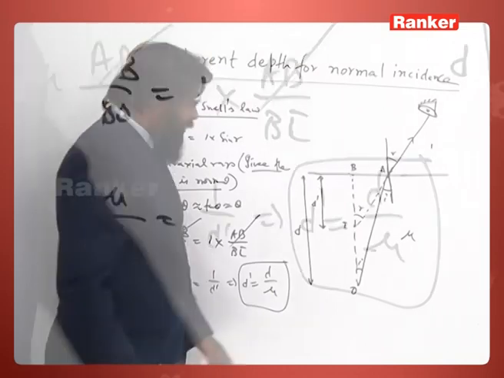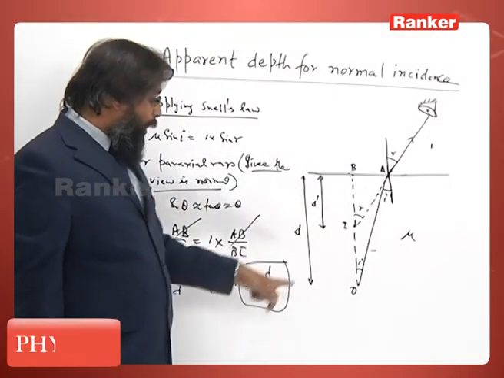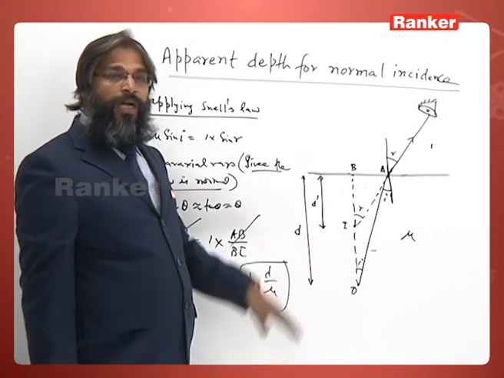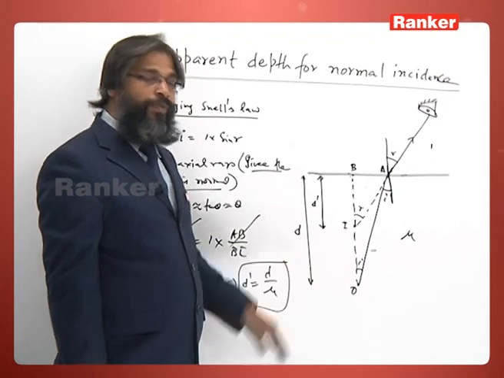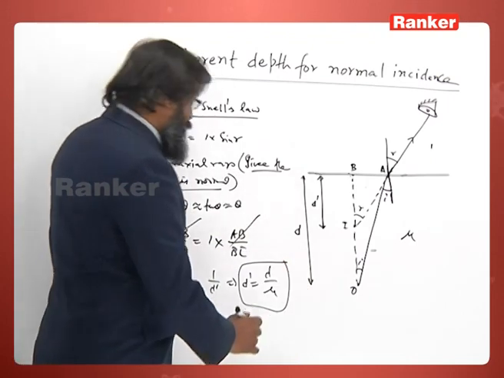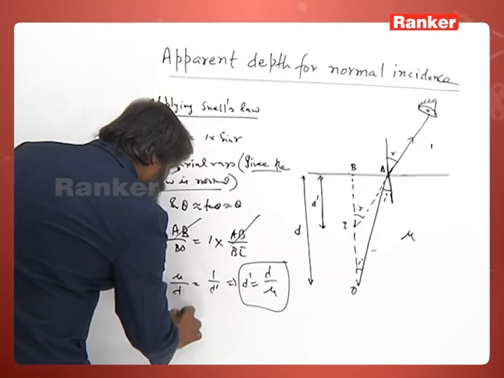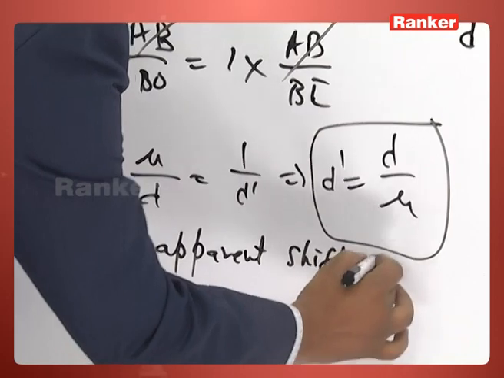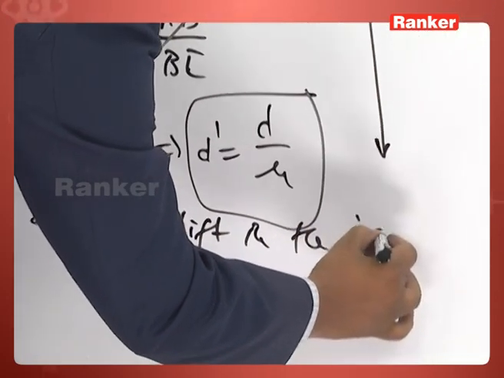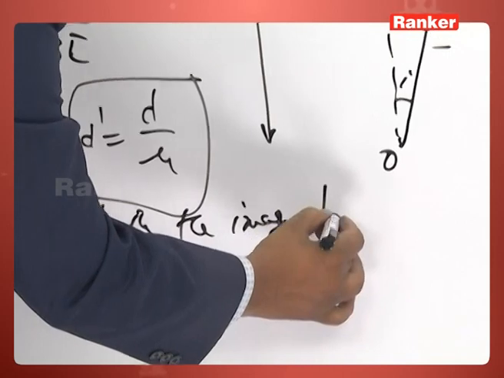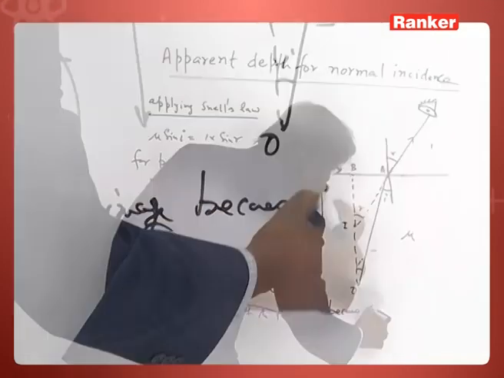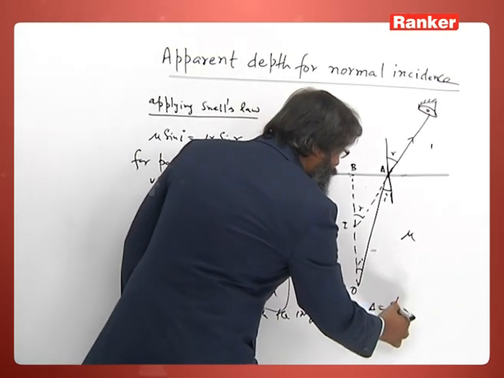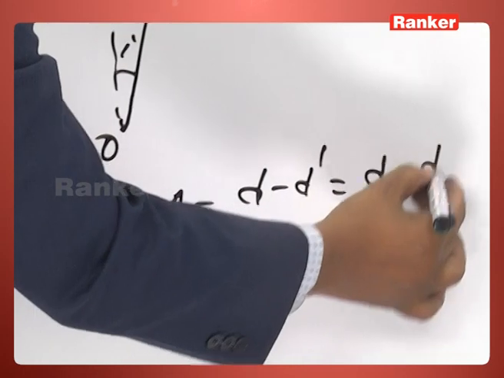So, the image will be formed at D by mu distance, that is, it is raised up. The apparent shift in the image becomes delta, which is equal to the distance it goes above, D minus D dash, that is D minus D by mu.